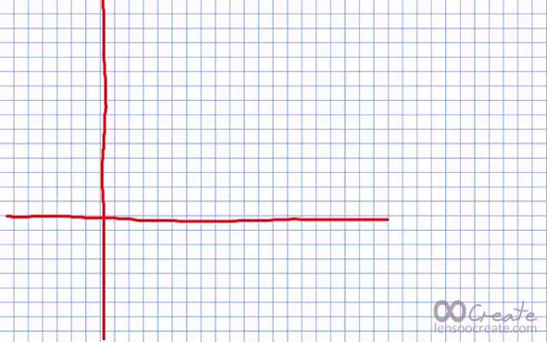So how does this help us when we're on the Cartesian plane? Well, let's say we have a Cartesian plane like this. So 0, 0 is right here. And we want to know how far it is to some point over here.